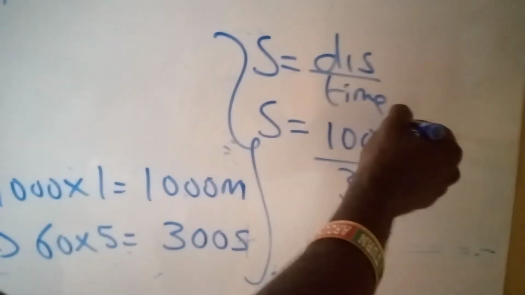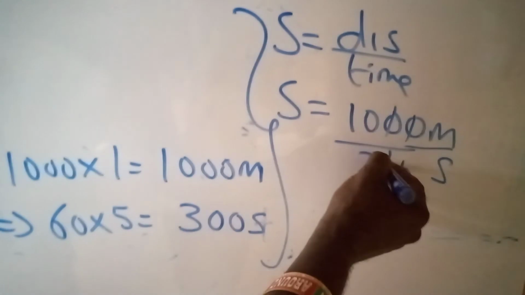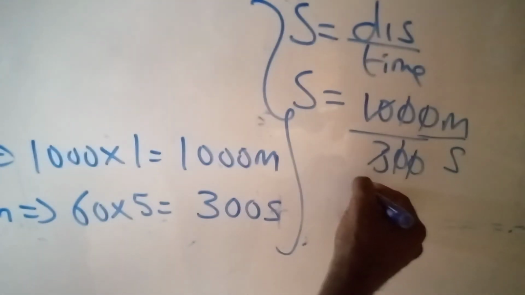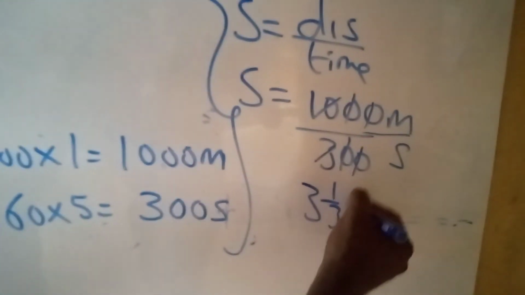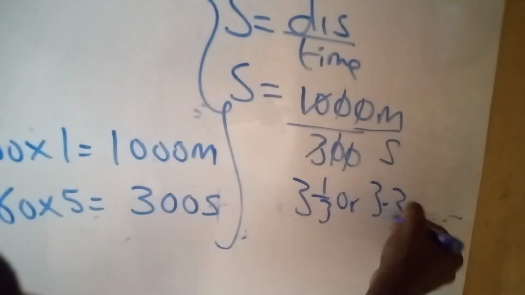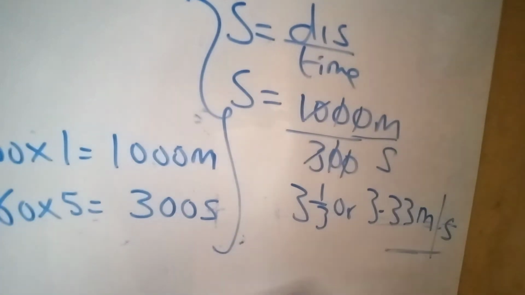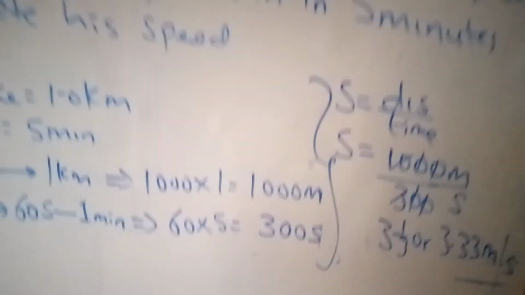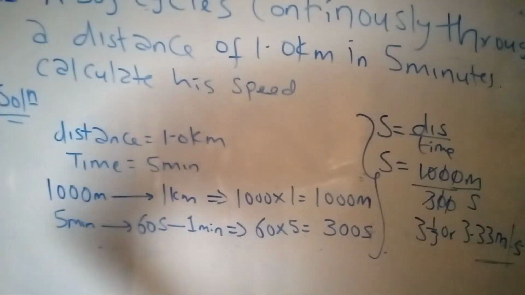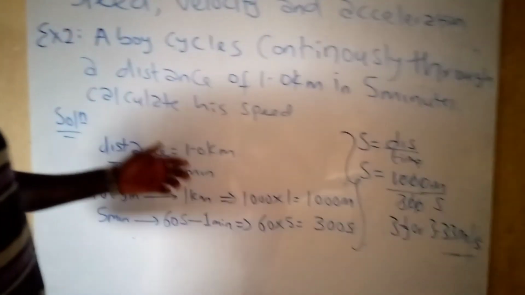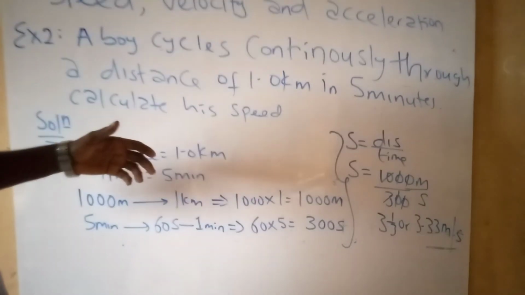So you cut this, you cut this, and this gives you 3 whole number 1 over 3, or 3.3 meters per second.